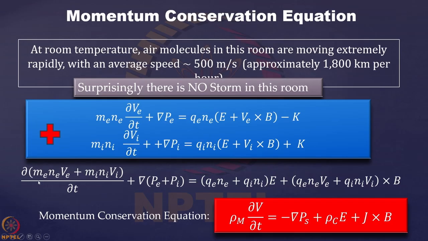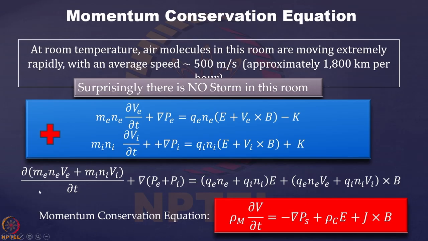So we end up with an equation: ∂(m_e n_e V + m_i n_i V_i)/∂t plus grad of (P_e + P_i) is equal to (q_e n_e + q_i n_i) E plus (q_e n_e V + q_i n_i V_i) cross B.